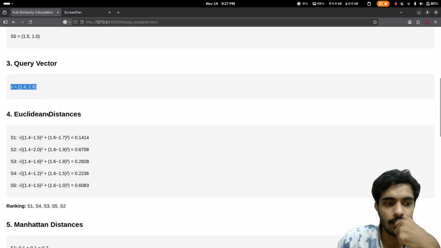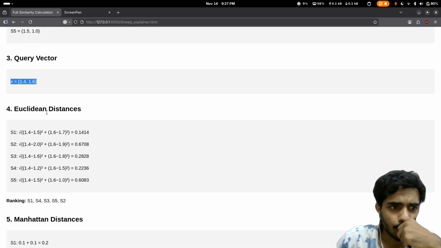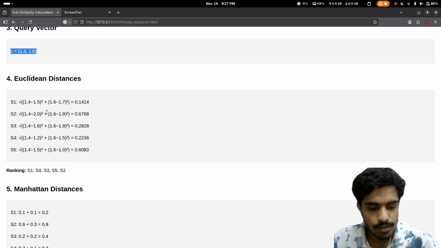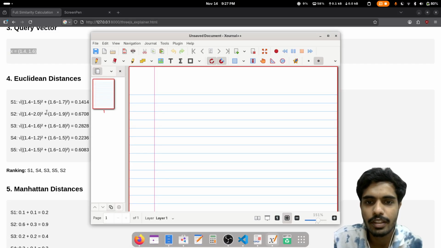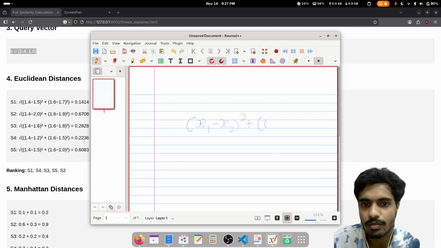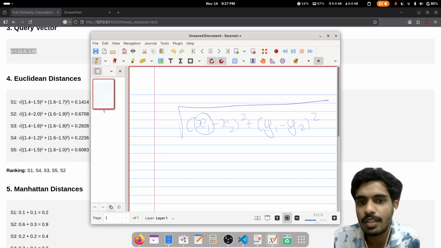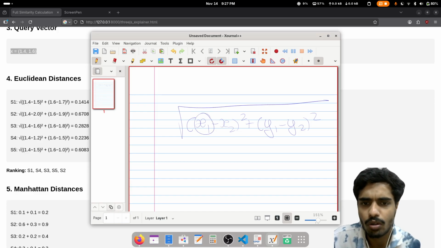To find the Euclidean distance, the formula is the square root of x1 minus x2 whole square plus y1 minus y2 whole square, where x1, y1 could be the data for the new student or an older student.